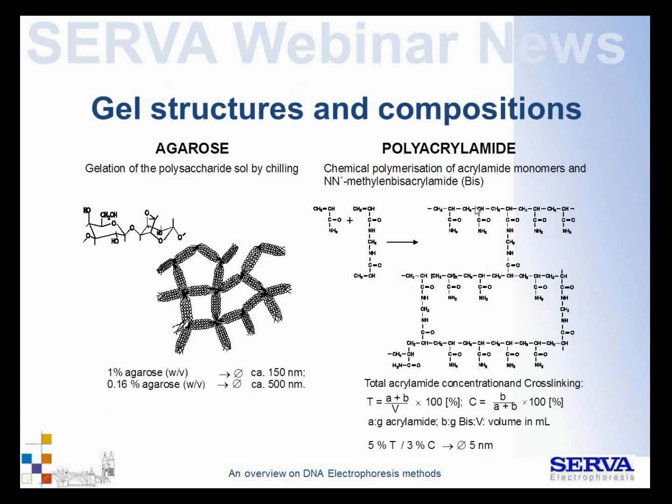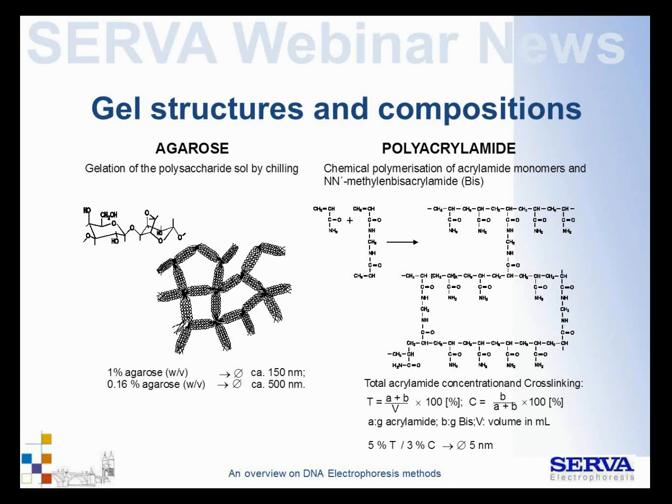Here I have a comparison between agarose and polyacrylamide. Agarose you buy as a powder, you weigh it in the buffer, you heat it together with the buffer, and then the agarose gets dissolved. Then you chill it down and cast a gel by just spreading the solution on a horizontal plate, usually a plastic plate.